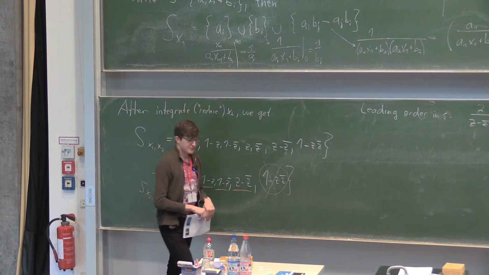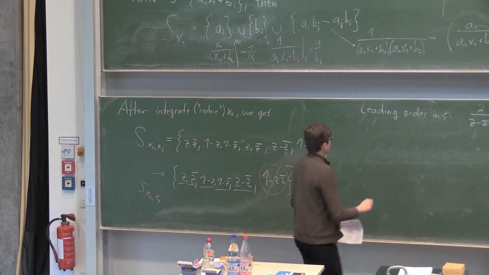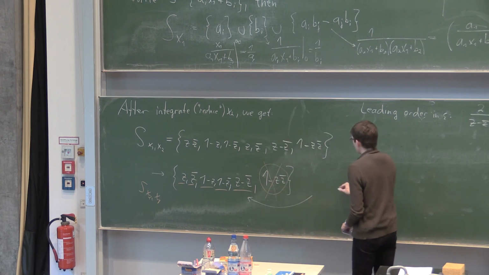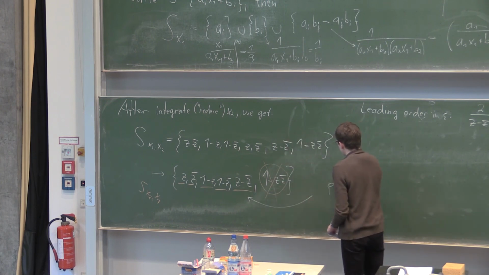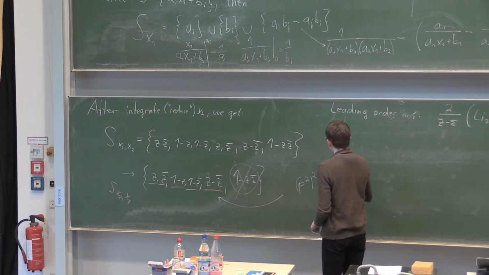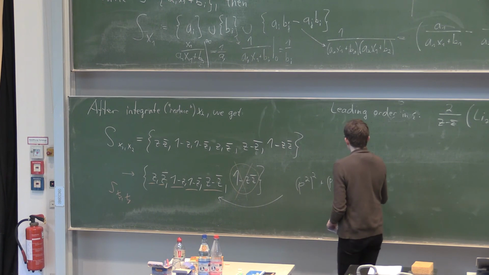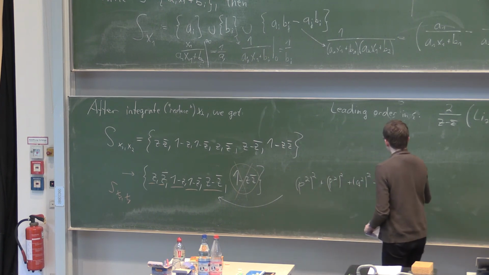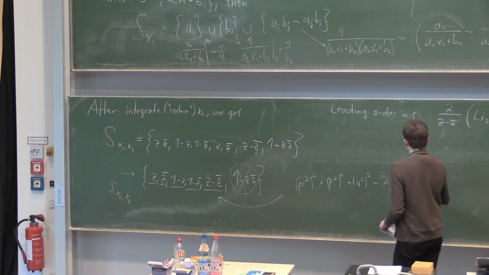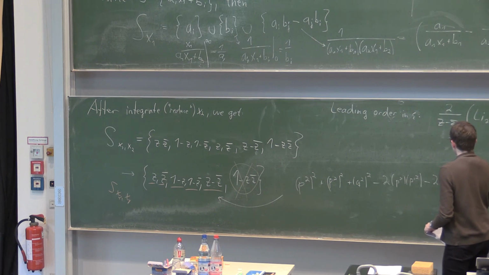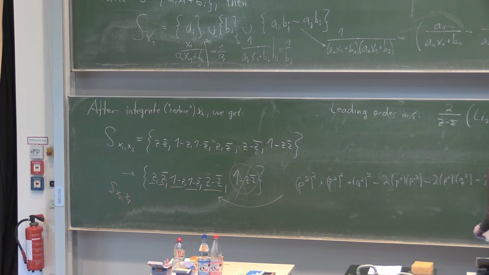This means that, so the most interesting physical singularity, this is when p squared squared plus p prime squared squared plus q squared squared minus 2 p squared p prime squared minus 2 p squared q squared minus 2 p prime squared q squared equals zero.